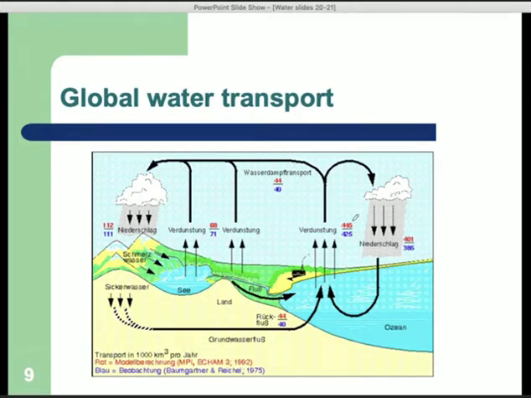The red numbers here are models, and the blue numbers are actual measurements. Doesn't matter. The interesting thing about it is that these numbers talk about the transport of water on a global scale per year in the unit of 1,000 cubic kilometers. So think of this.